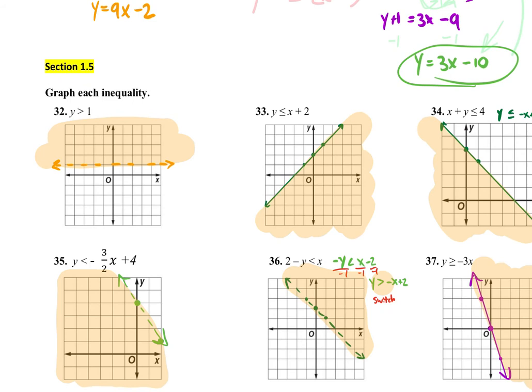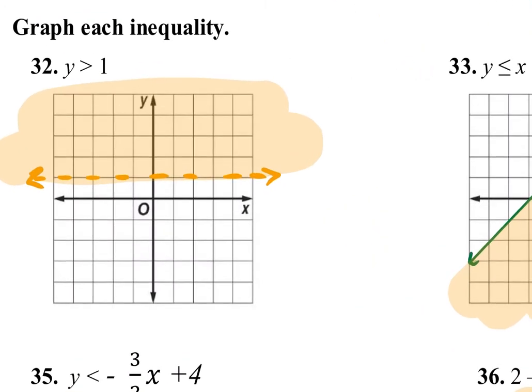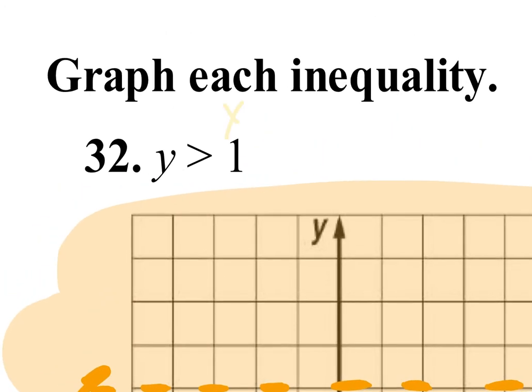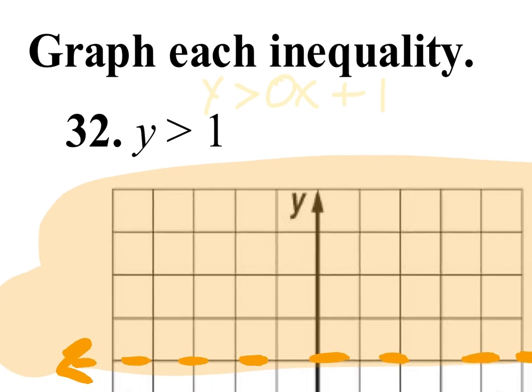In 1.5, we were graphing linear inequalities, which involved us using y = mx + b with our y-intercept and our slope. 32 is a horizontal line with a y-intercept of 1. You could really think of this as y is greater than 0x, so no slope, plus 1.